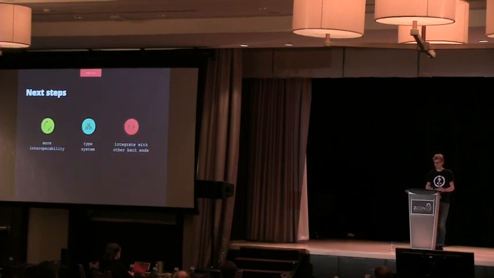Some of the stuff we have on the roadmap: more interoperability, making those helpers as generic as possible and making it as easy as possible to export and import from different libraries. We're also working on a type system because currently we only have field elements as a type, and we want to be able to also talk about U32 numbers, for example.